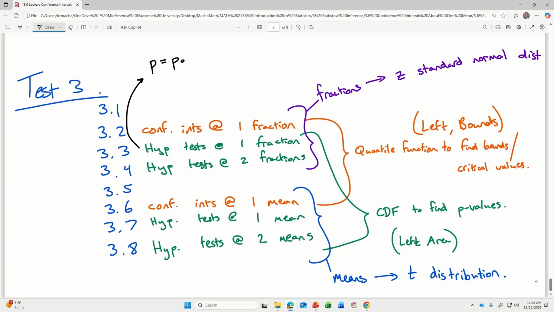And if we assume that's true, then the standard deviation of the sample fraction is the square root of p times 1 minus p divided by n. And so this is known, but only in the case where we're dealing with fractions. In the cases where we're dealing with means, we do not know the population standard deviation. So we use a t.